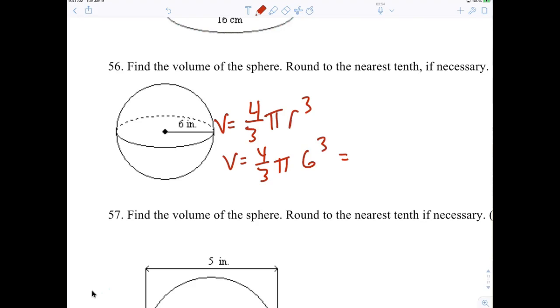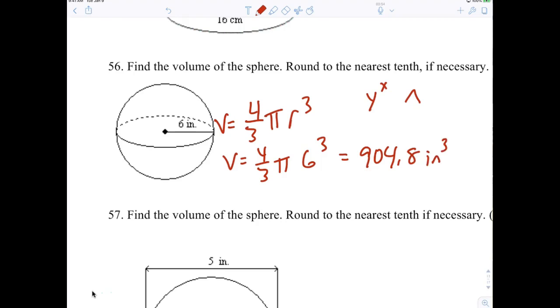And why is 4 on top? 4 divided by... You have to hit the y to the x or the caret button, depending on what calculator you have. Or you can just do 4 divided by 3. So what did you get? I think it's more than that. 904.8, about 904 point what? 8. Thank you.